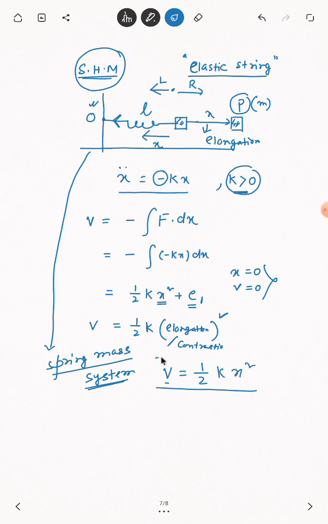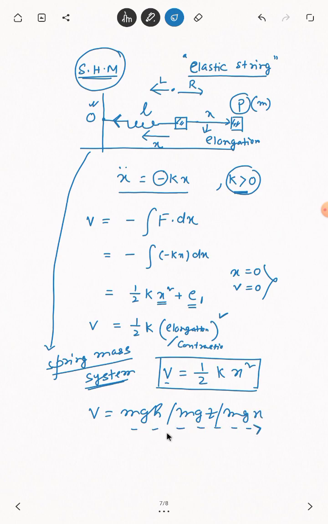This result you should remember very well, because if we ask students, they often call potential energy mgh, or say mgz, or say mgx, such type. The only idea they usually have is that whenever we talk about potential energy, mg should always be there, but it is not true.